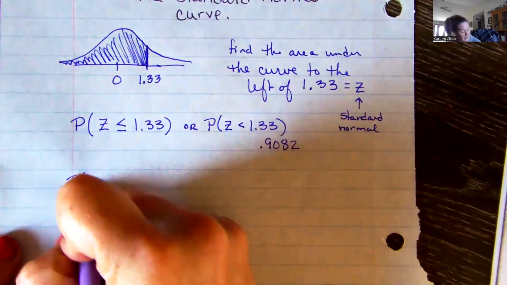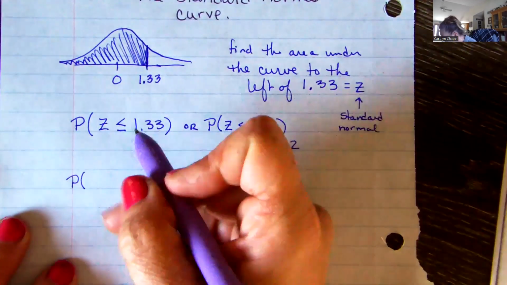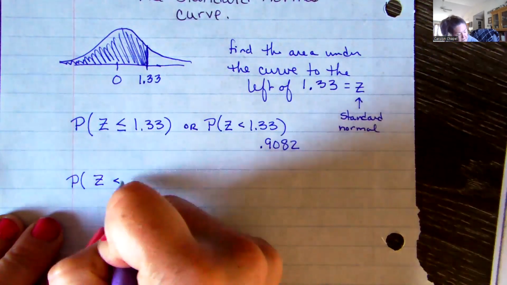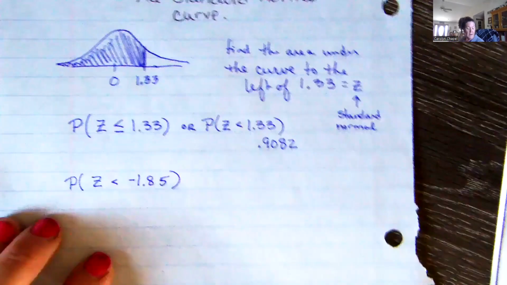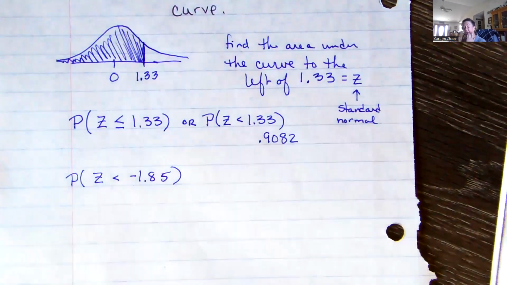Okay, I'm going to do another one. We're going to find the probability that Z is less than negative 1.85. I like to draw pictures just so I can understand what is going on.